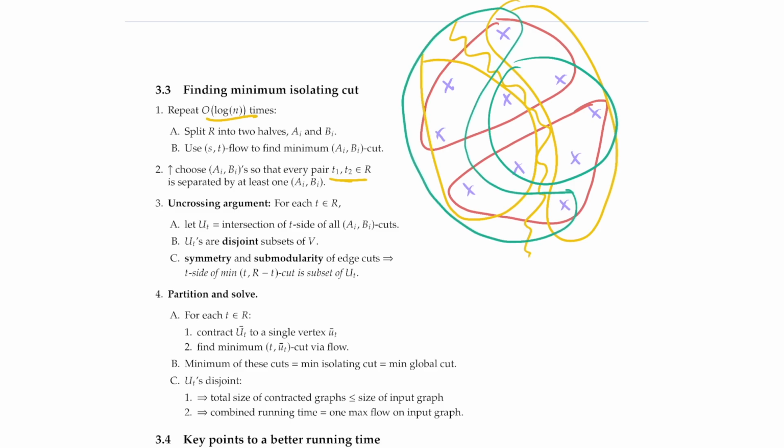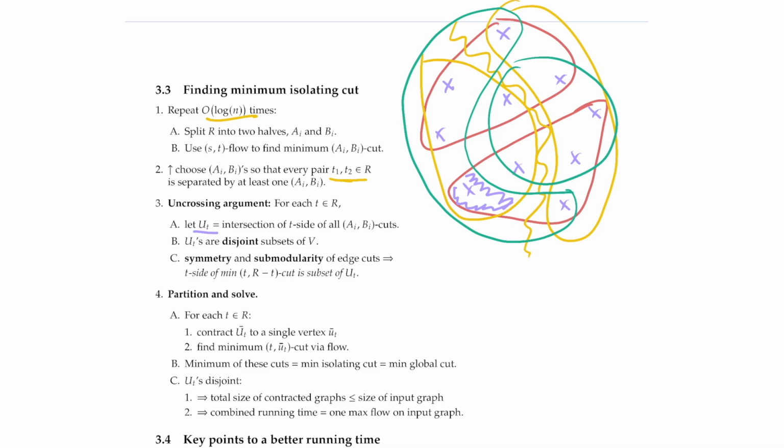So now for each vertex t, each of these sampled vertices t, we can look at just the intersection of the sets that contain it. So here we call this U sub t. And so these intersections, once you do enough partitions, will be disjoint. Okay.